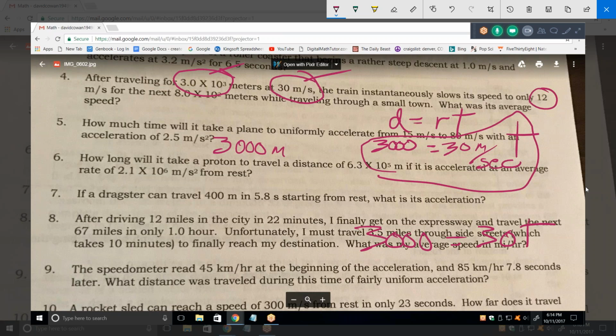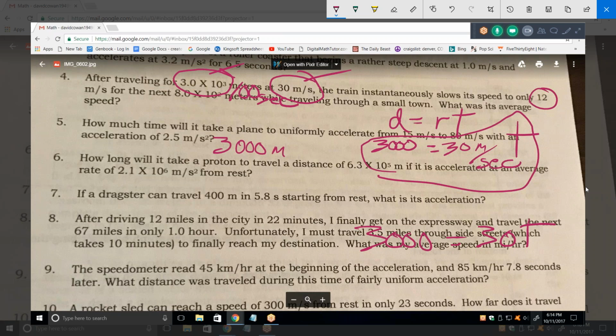Divide by 30, not t. In other words, you're trying to isolate t, so you're trying to get rid of anything that's associated with it. Right now it's being multiplied by 30, so you've got to divide everything by 30. So t is equal to 100 seconds. So it took 100 seconds to go that distance.